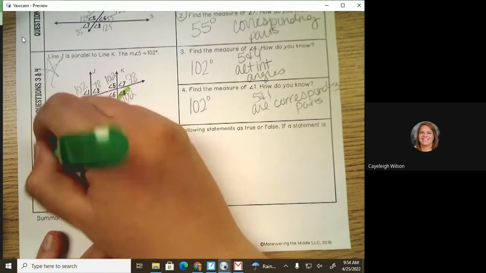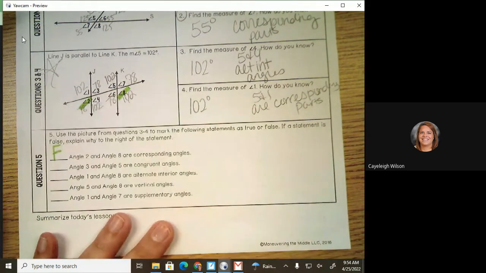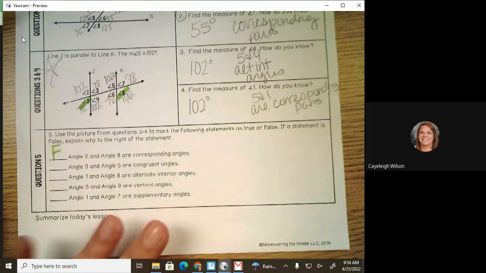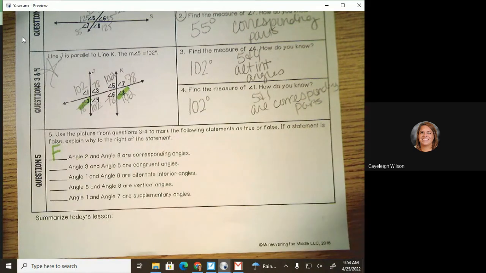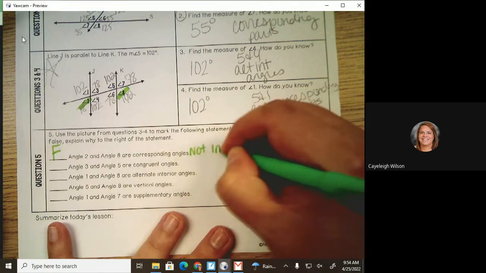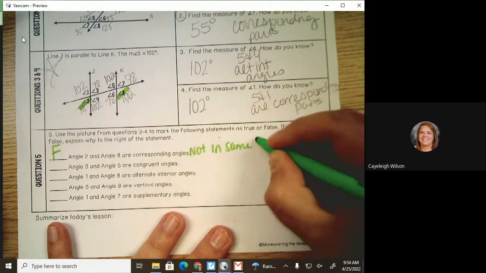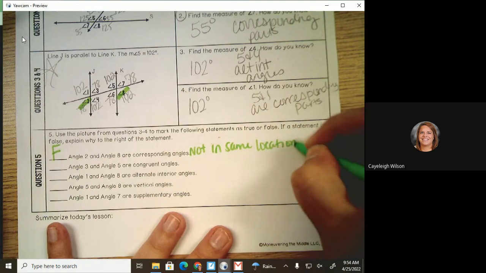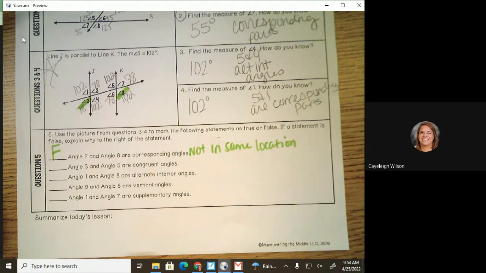False. No, so that one is false. It says if a statement is false, explain why. That's because they're not in the same location, or not in the same corresponding part is fine.